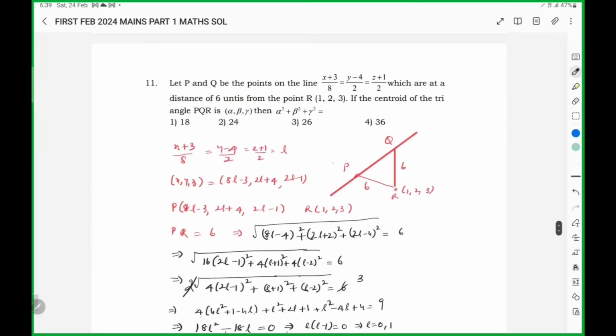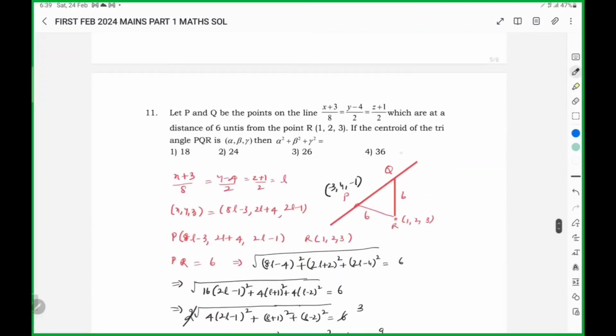So for one value of L, 0, minus 3, 4, minus 1 you get. For L equal to 1, 5, 6 and 1 you get.